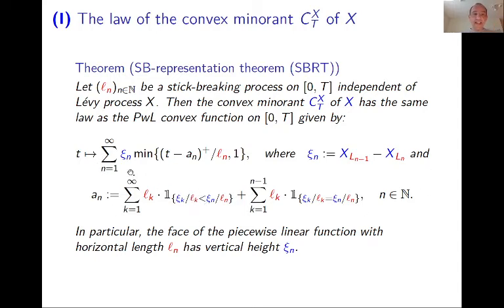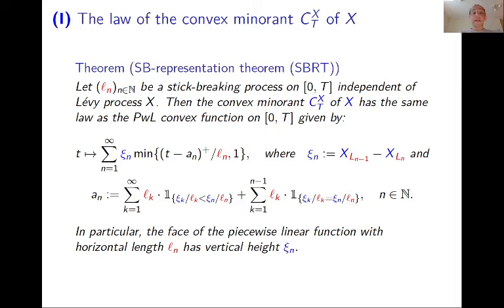Well, it's saying that this infinite sum is over all intervals over which my convex function is going to be linear, and on each of those intervals, the slope on the nth interval will be l_n psi_n over l_n. L_n is a stick-breaking process independent of X, and psi_n is again an increment of X over that stick.